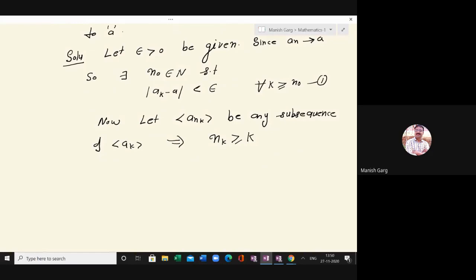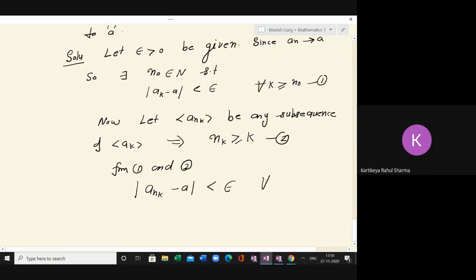So now from 1 and 2, |a_{n_k} minus a| will be less than epsilon for all n_k greater than or equal to k.